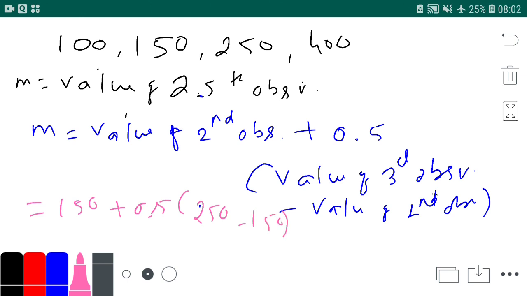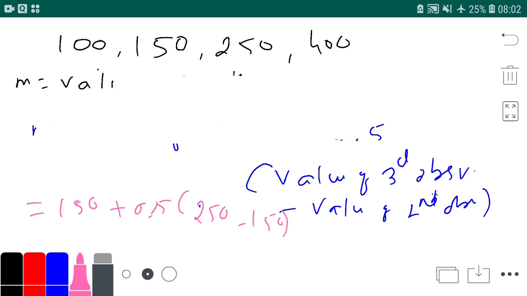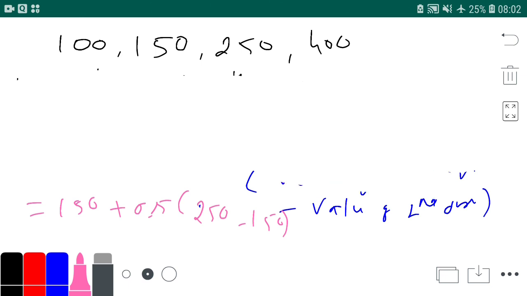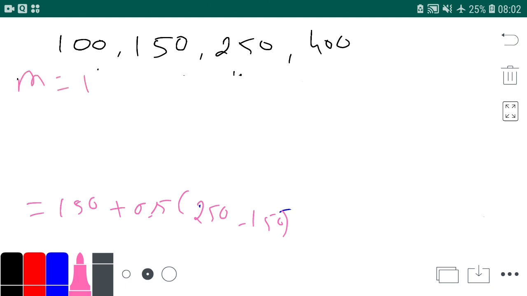You can write up till here. I'll change the page. So median is equal to 150 plus 0.5 into 250 minus 150.